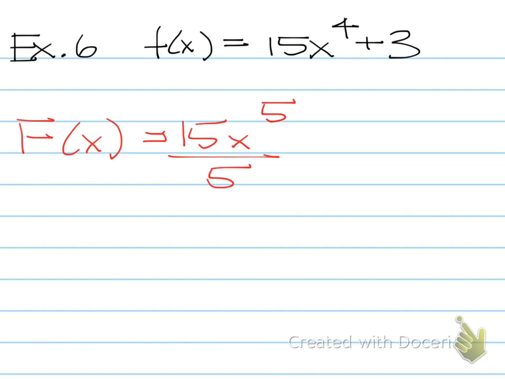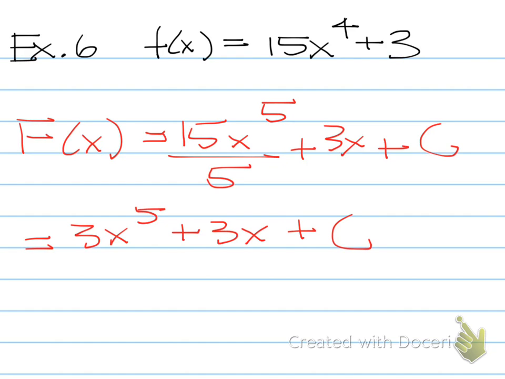If I add 1 to the 0 power, I get x to the 1st power, or just x. And then plus a constant. And then just simplify. 15 divided by 5 is 3. 3x to the 5th plus 3x plus c. And again, you can check yourself by taking the derivative of that. You should end up with the original function.